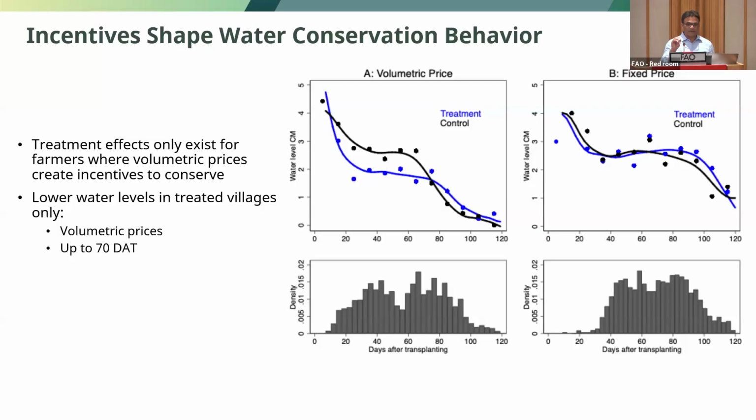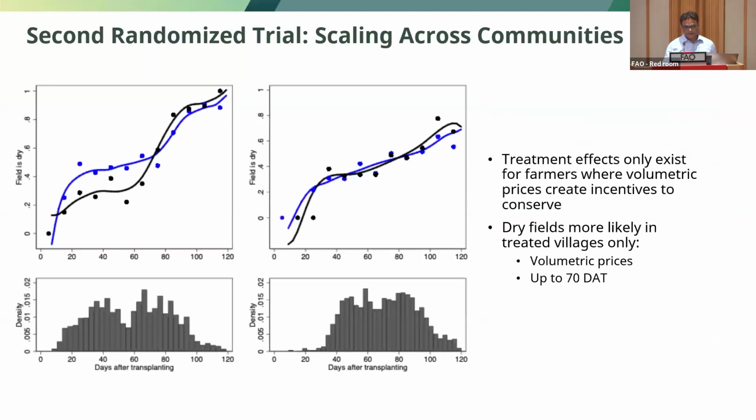Researchers observed lower water levels and drier fields among treated farmers, but primarily where economic incentive existed. For example, in the upper left figure, where you see the blue line with the treatment, there were lower water levels, and in the next figure you will see a dry field among treated farmers.